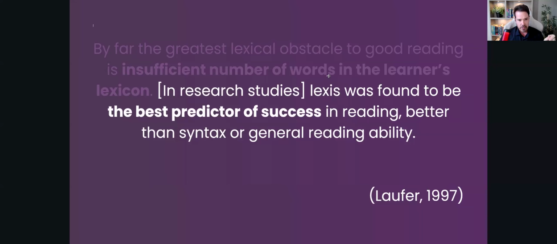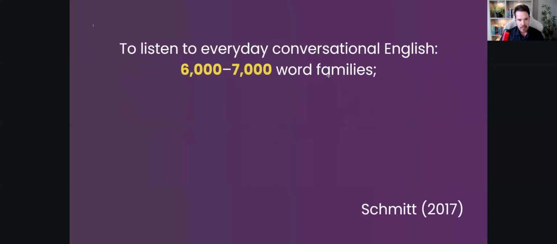The author I mentioned earlier on, Schmidt, he says that to listen to everyday conversational English, students will need to have something from the region of 6,000 to 7,000 word families. You see, he's not talking about isolated words, but word families. Now, what do I mean by word families?